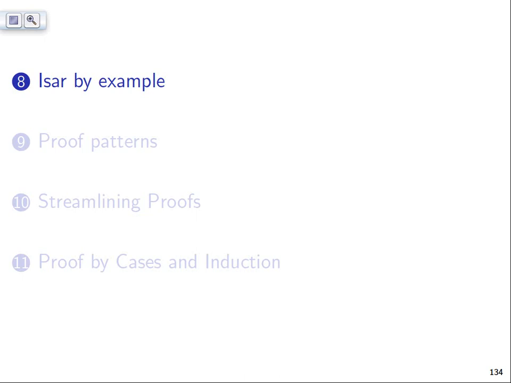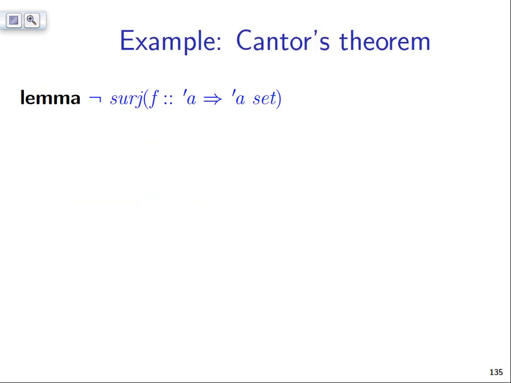So let's go through a number of examples to see this language in action. So the first, we introduced the language with variations on a proof of Cantor's theorem. Never mind if you know this theorem, that's not the point. The point is really introducing the proof language to you.